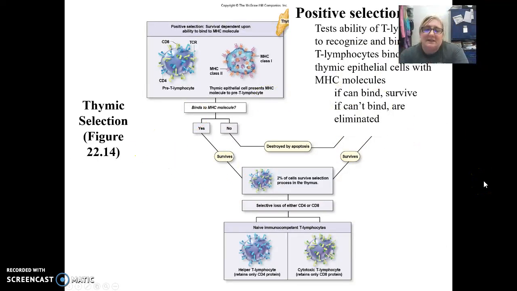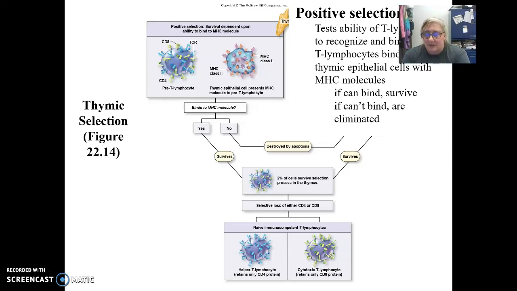So there are two different tests that these cells are going to go through. Positive selection is a test where T lymphocytes have to be able to bind to major histocompatibility complexes. Our pre-T lymphocytes have both types of CD receptors, CD4 and CD8.